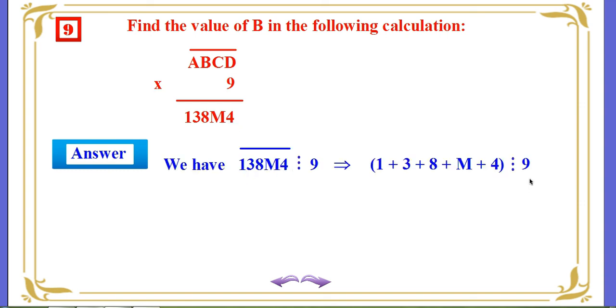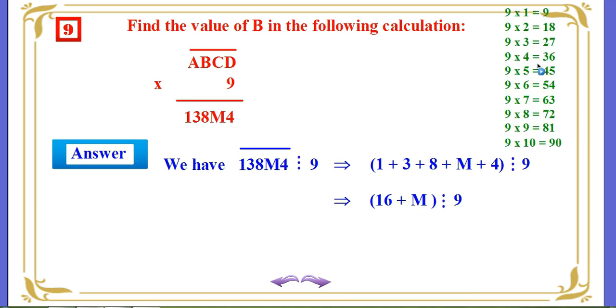In the sum, 16 plus m is divisible by 9. Look at the multiplication table of 9. If the sum is 18, then m equals 2. If the sum is 27, then m is 11. This is not possible because m is 1 digit. m can only equal 2.